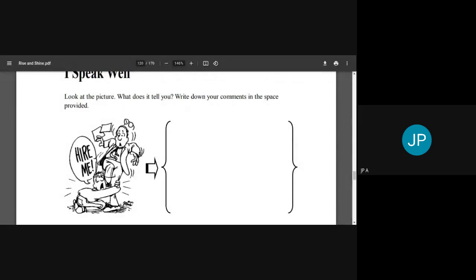So they eliminate the unsuitable candidates to pick out the suitable candidates. Then we have the final stage, and the final stage is what we discussed. That is the interview.